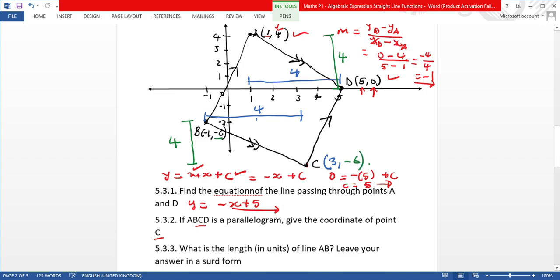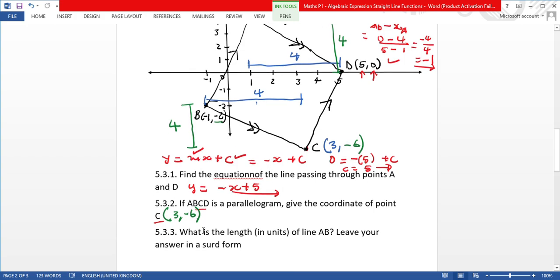So that is how you work out the coordinate for C. So to write here the full answer, for coordinate of C, just going to say 3, minus 6. Okay, so that's it for question 5.3.2.